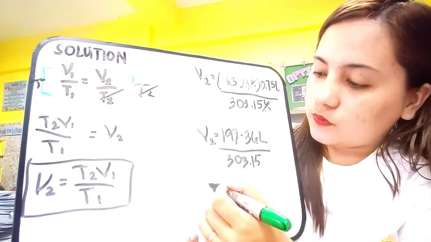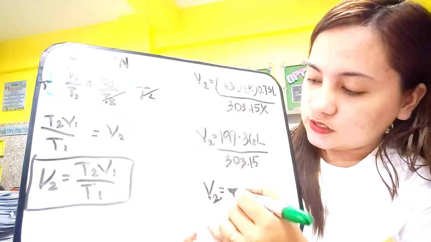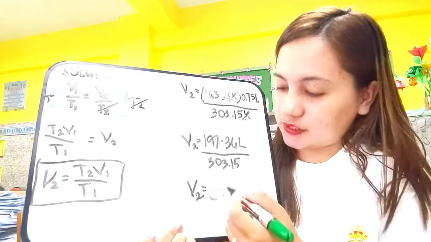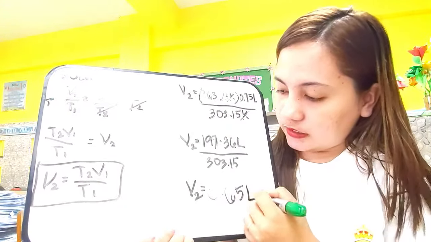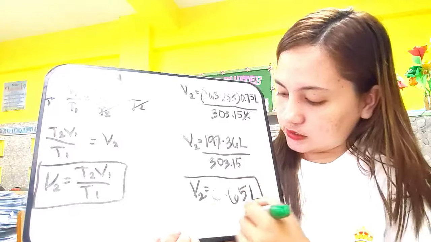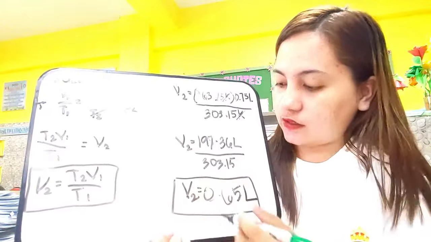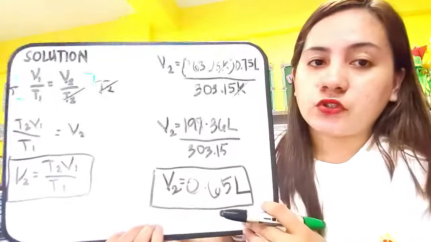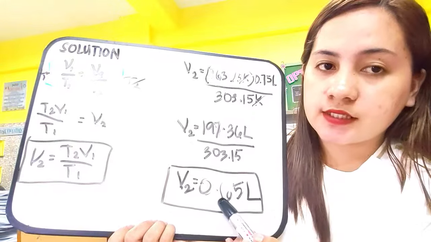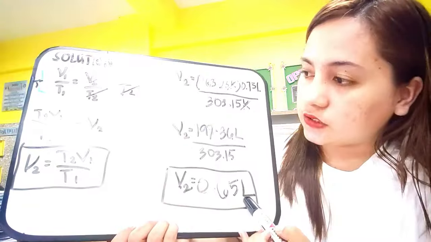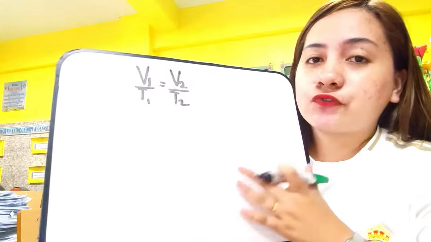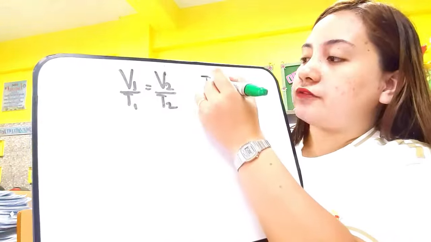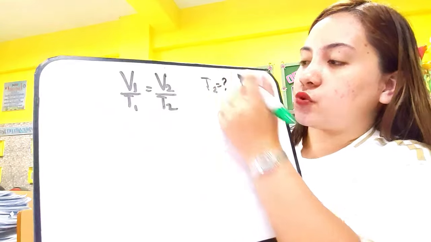So, we will arrive at the answer of 0.65 liter. So this is the final volume. We have 0.65 liter.